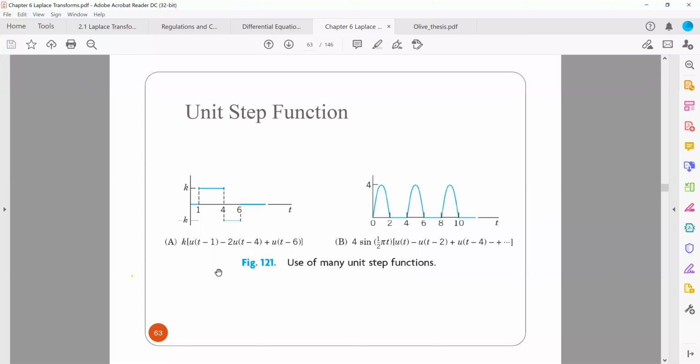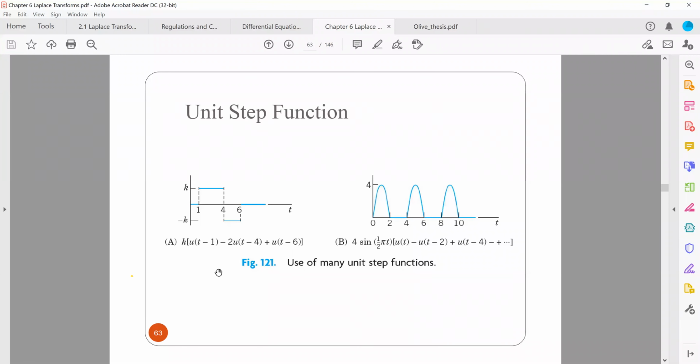Then at t equals 4, it's going to become 1 again. So you'll take that, and if you subtract ut minus 6, which is what they did here, then again it will go to 0. Then ut minus 8 will again take the upper part of the sine wave.